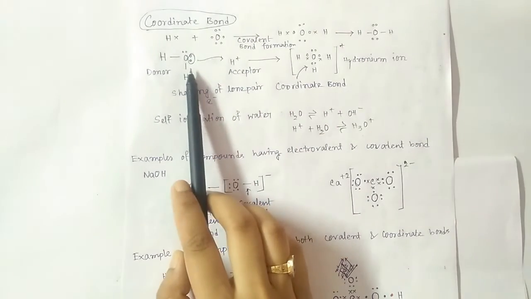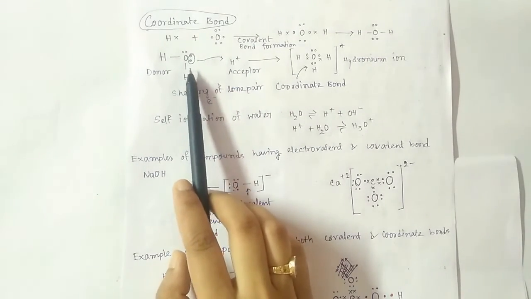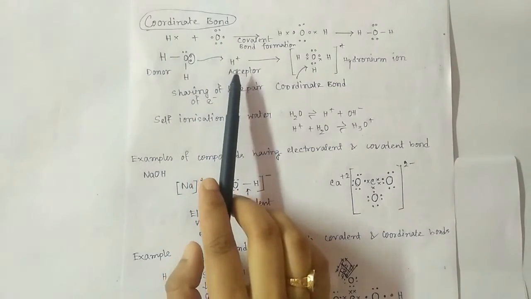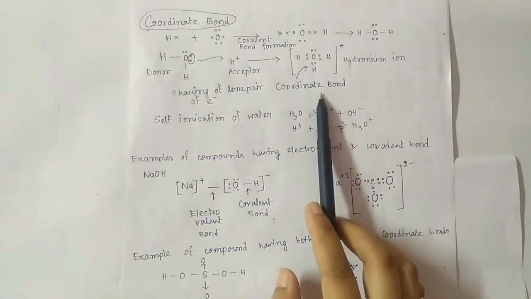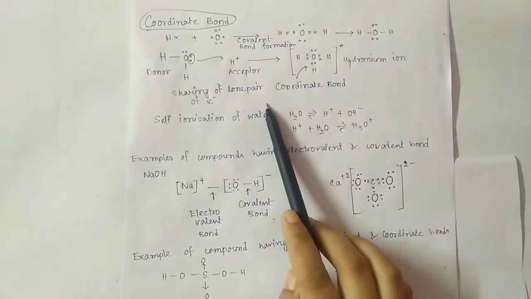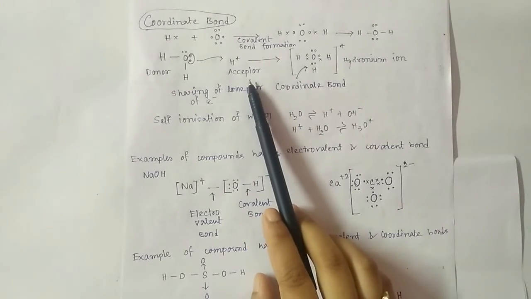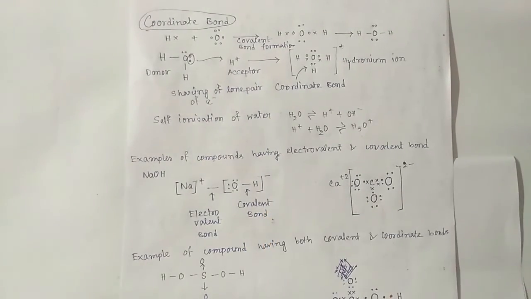Here is the complete share of electrons from oxygen atom to hydrogen atom. That is why this type of bond is called coordinate covalent bond, where there is a sharing of lone pair of electrons between 2 atoms. So there are some examples of coordinate covalent bond.